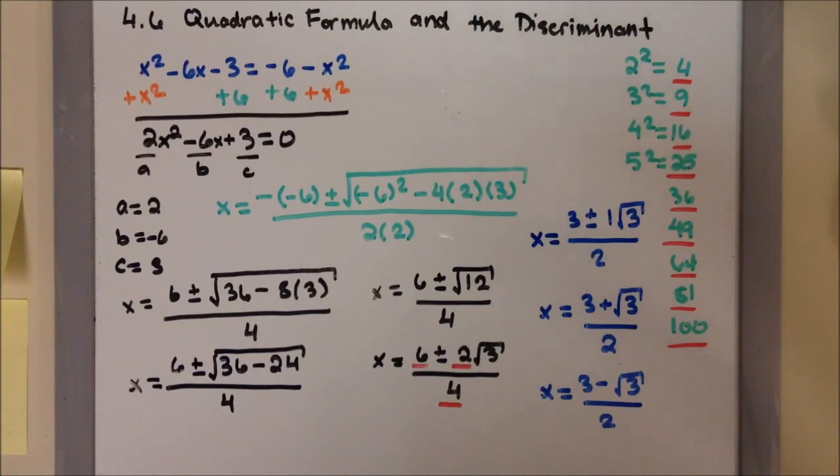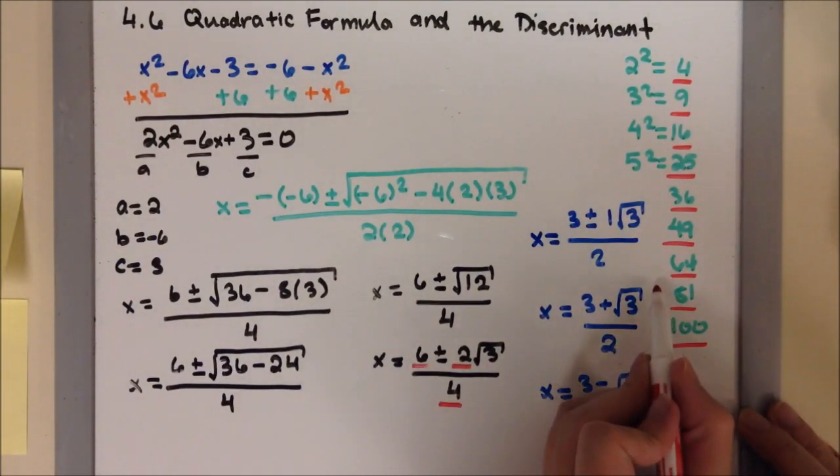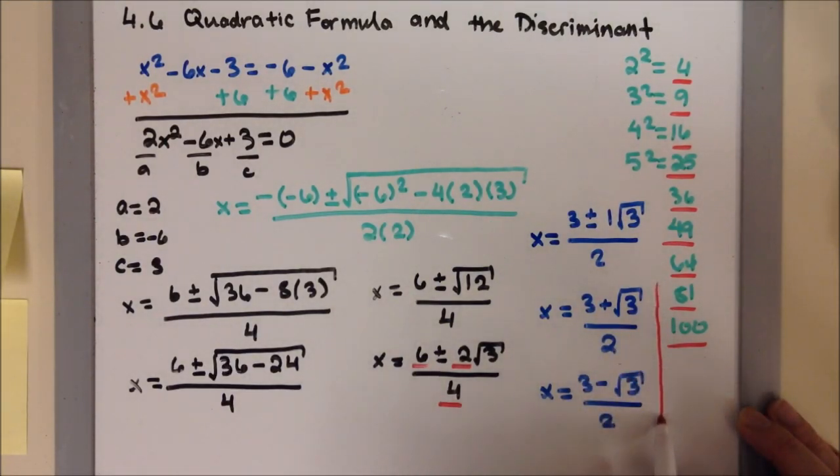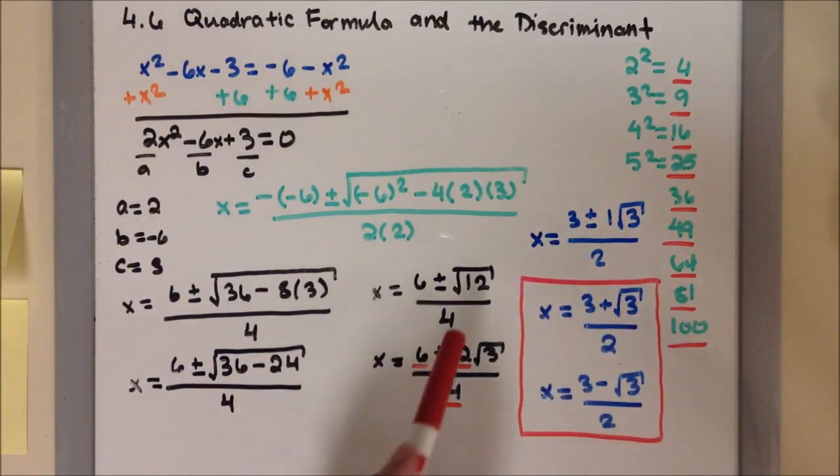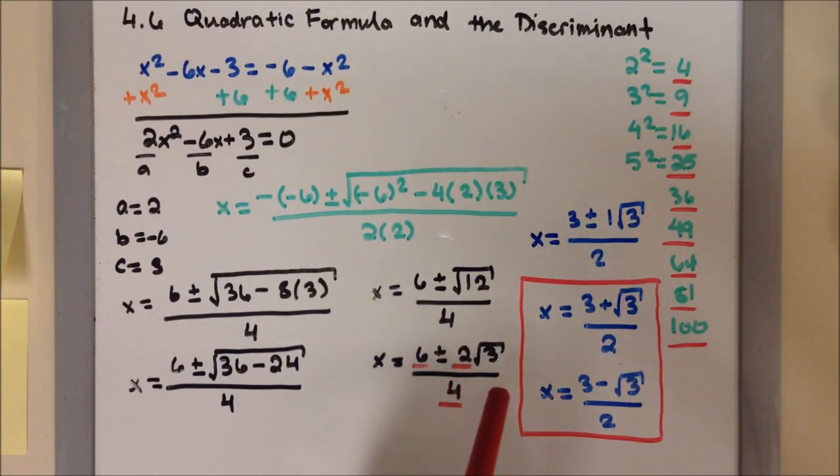So those two are our final answer. And again, if you had a question on how to simplify square root of 12 into 2 square root of 3, I would again refer to the video notes from 4.6a and 4.6b, simplifying square roots.